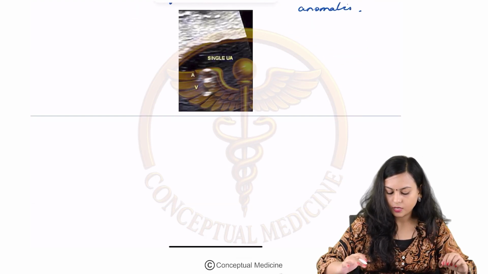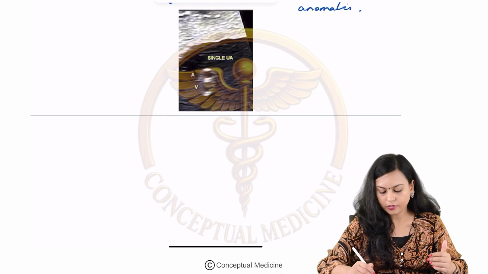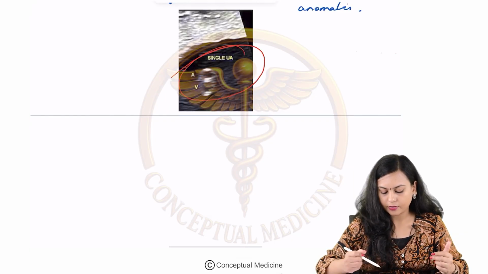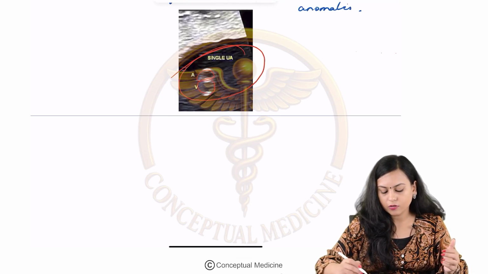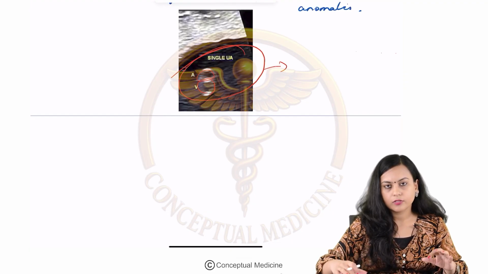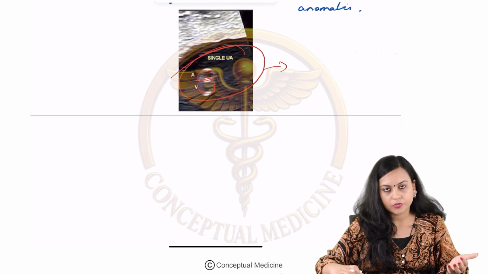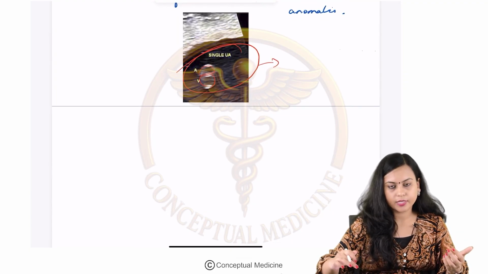So, this is the ultrasound picture to show a single umbilical artery. You have only two vessels. You have one artery and one vein. There is no second artery. So, in this case, you have to concentrate on whether there are any structural anomalies or chromosomal abnormalities associated with the fetus.